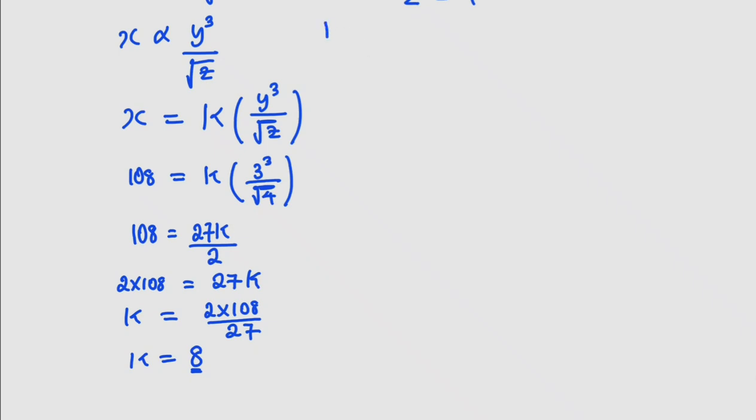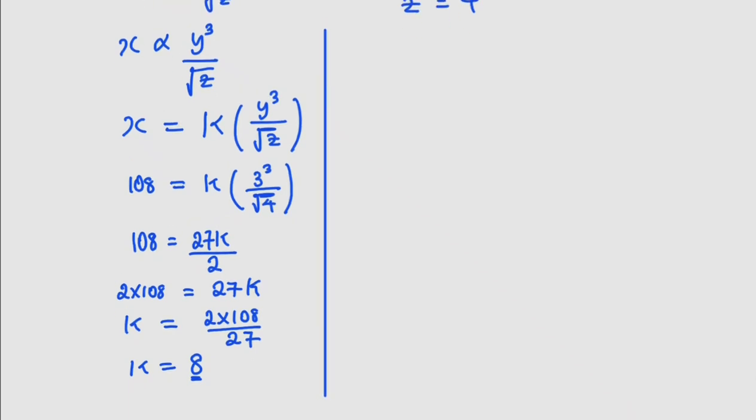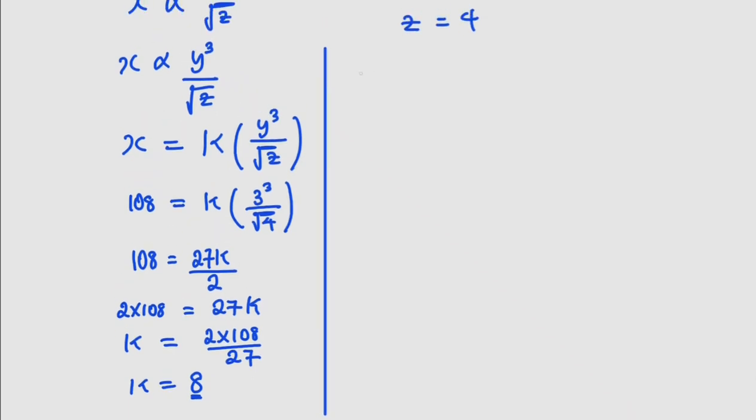Now, since we've gotten this, we return to our expression with k. So x equals 8 times y cube all over square root of z.